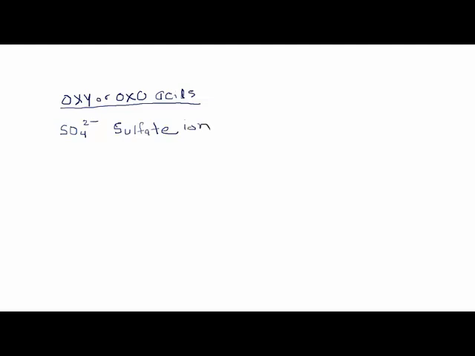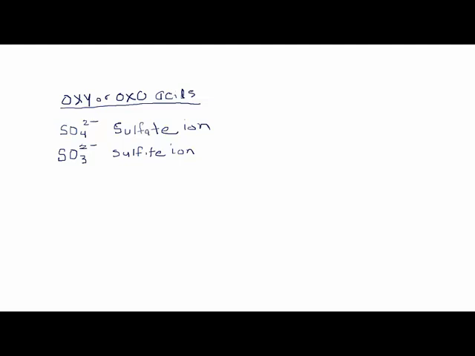And here's something to remember. My students sometimes complain about memorizing all the polyatomic ions, and there are some tricks, and the one trick is that if you knock an oxygen off and the charge remains the same, the sulfate ion becomes the sulfite ion. So you're not really memorizing each one individually.